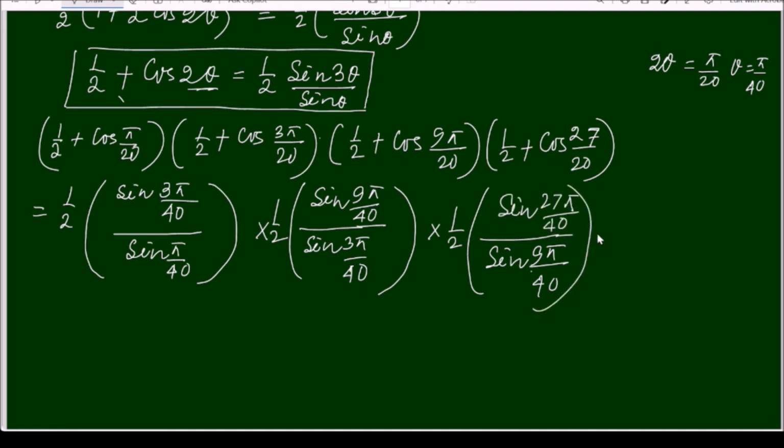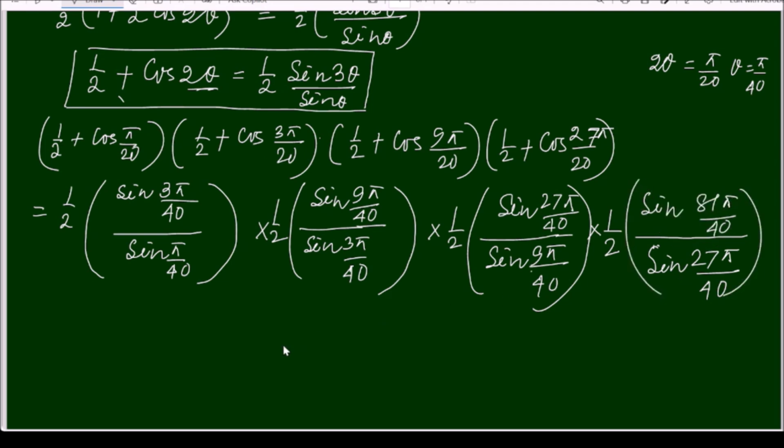Now coming to the last expression, half into sin 27 pi by 40 in the denominator. Here it will be sin 81 pi by 40 in the numerator.